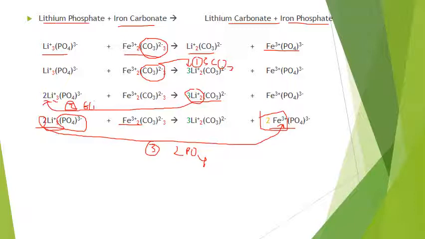Again, you usually start with the substance that has the most subscripts and go back and forth. Then I stick with it wherever I go. So if I go here, fix the carbonate, then I fix the lithium, and then I fix the phosphate, and then if I need to, I fix the rest.